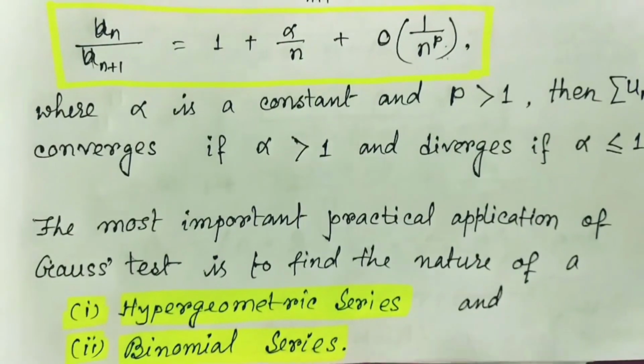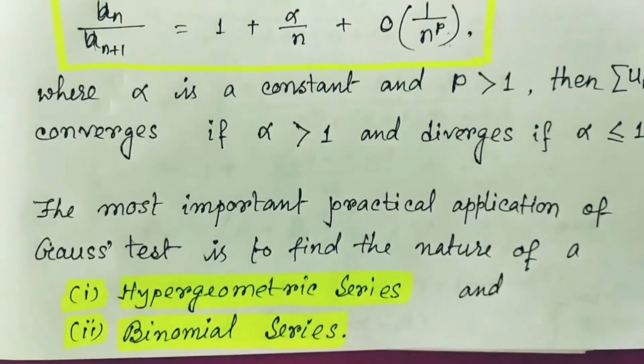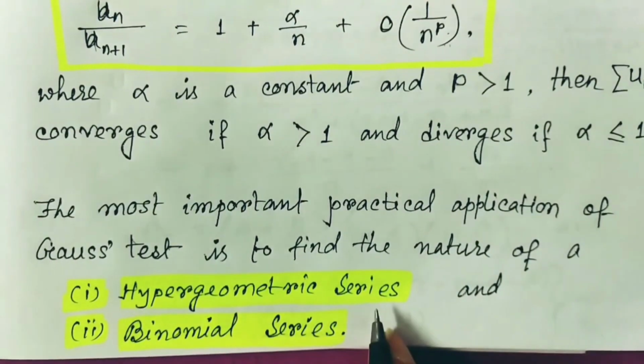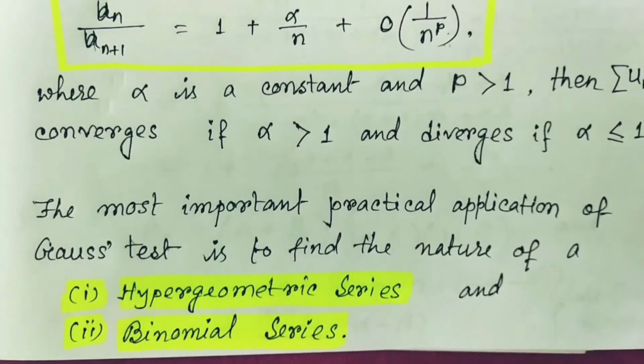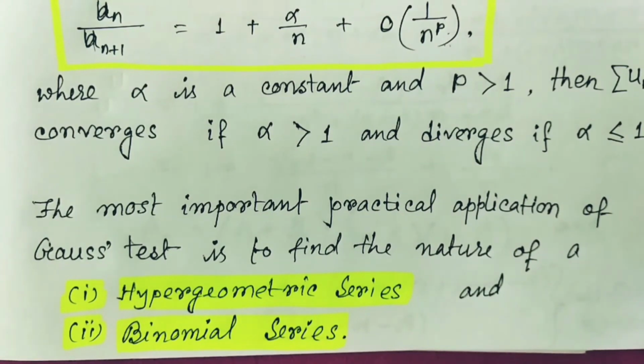For that we discussed two types of series: one is the hypergeometric series and the other is the binomial series. As an example I am showing you that if these two types of series are there, then we apply the Gauss test, and on that basis we discuss the nature of these two series. So let us do both the series one by one.